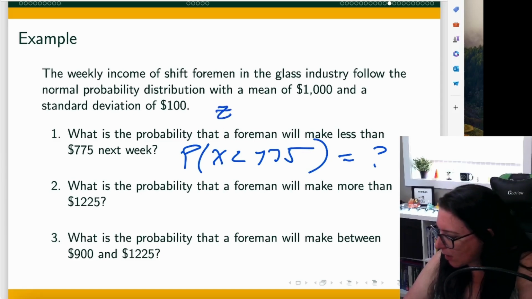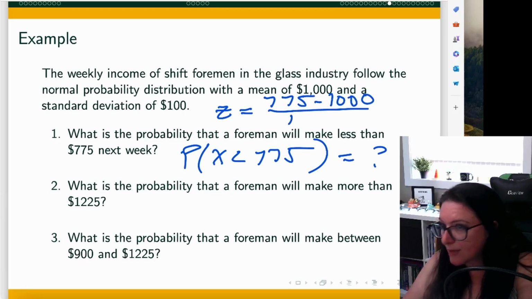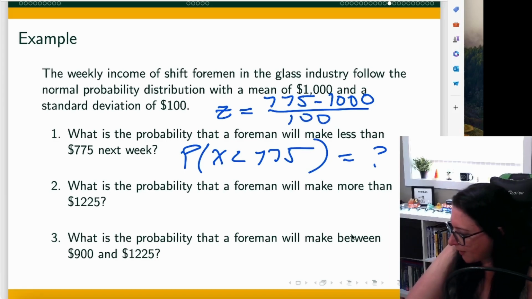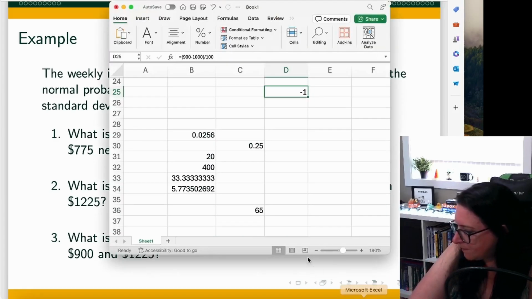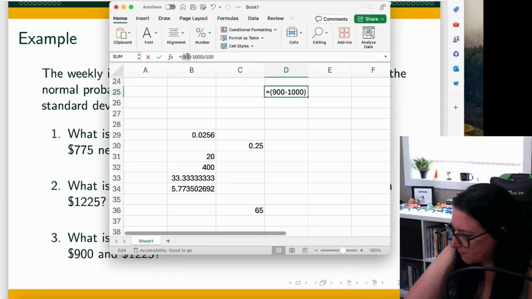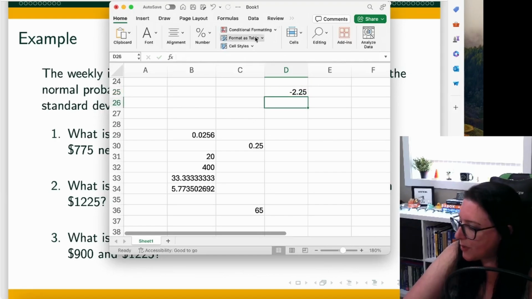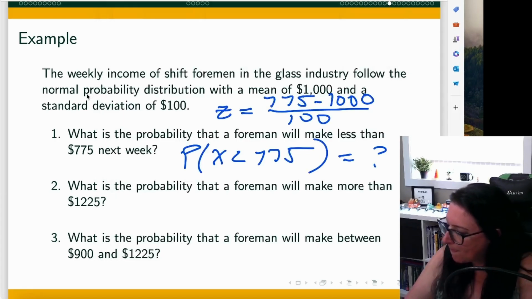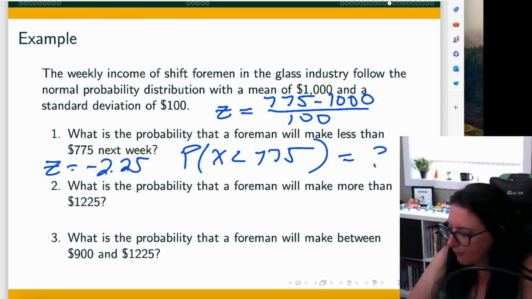Let's take our z equals, and we'll take our 775 minus our 1,000 and divide by our 100. So our z-score here, 775 minus 1,000 divided by 100, we get a z-score of negative 2.25.